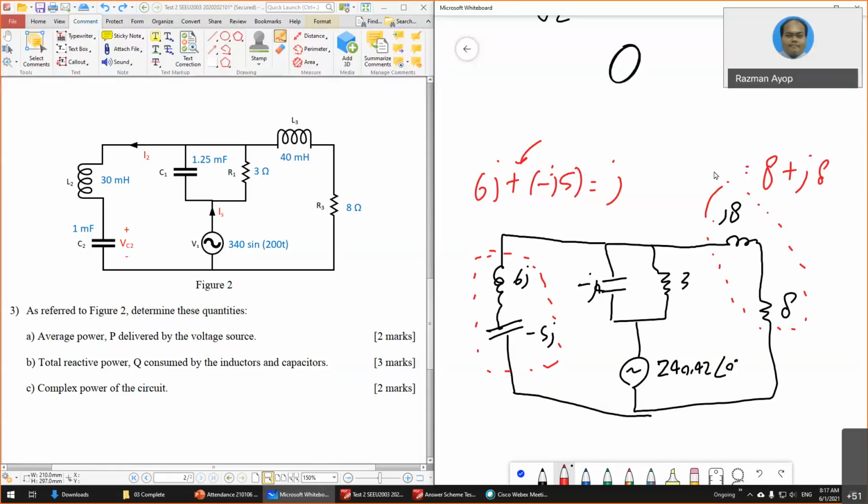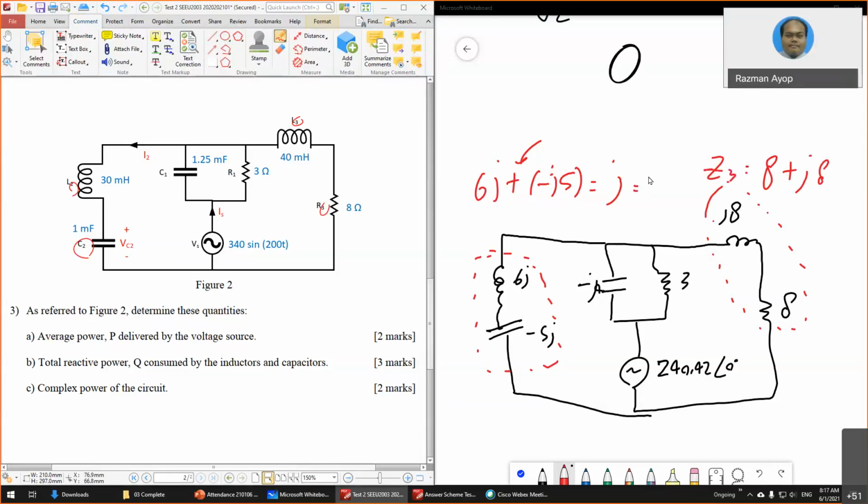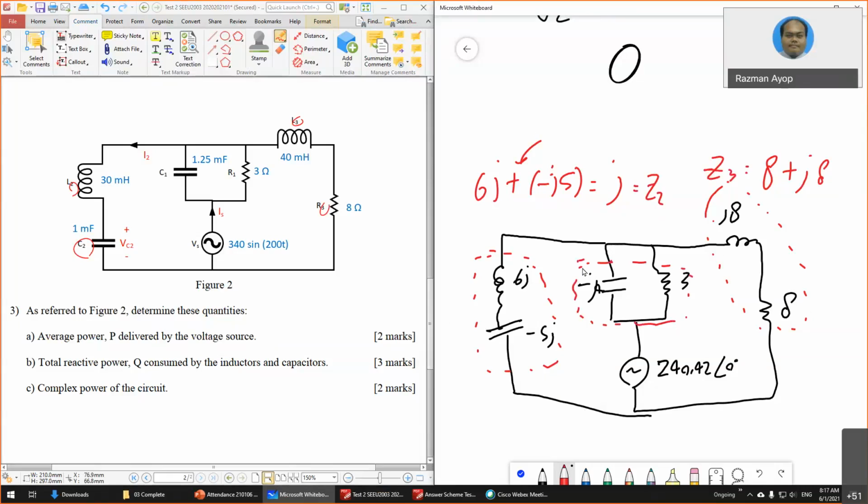So this is Z3, because if you look here, this is 3. And this one should be Z2. And then if you look here, you see that it is in parallel. So in parallel, you have to use the formula.